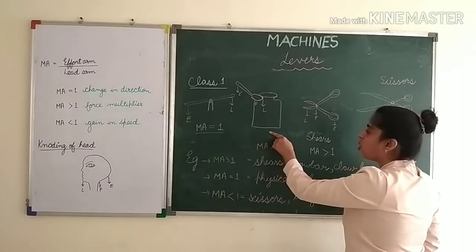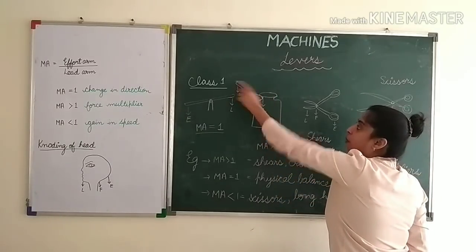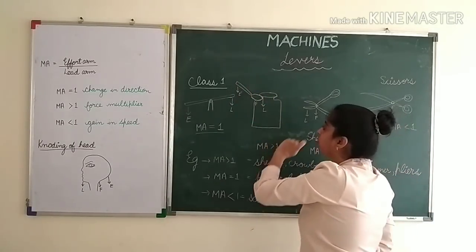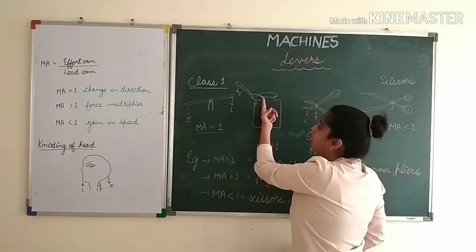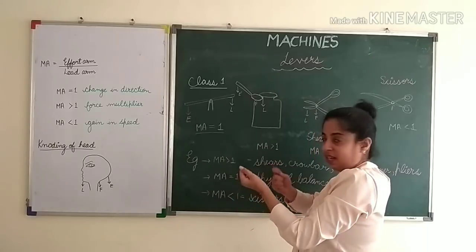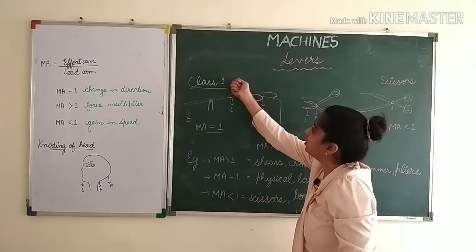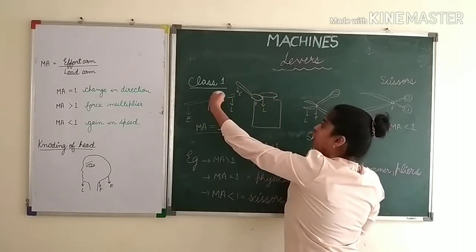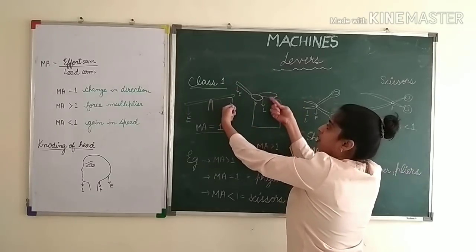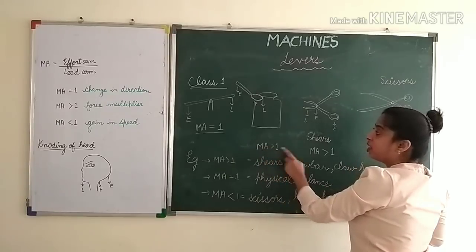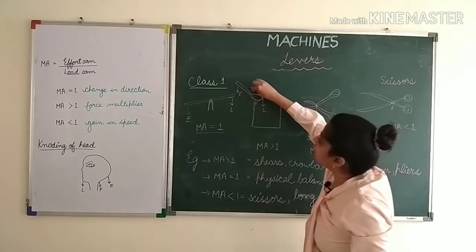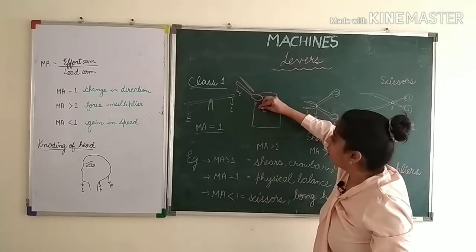Now in the case of opening a lid with the help of a long handle spoon, you can see that wherever the spoon touches is the fulcrum. The load is where you have to open the lid. Okay, here is the load and effort is here. We apply effort here so as to lift the lid. So in this case, the mechanical advantage is more than 1 because the effort arm is longer than the load arm.